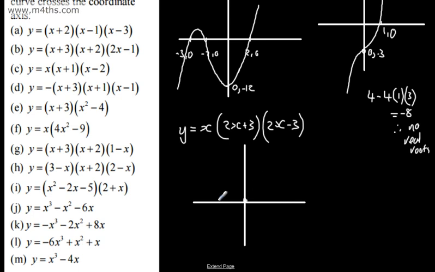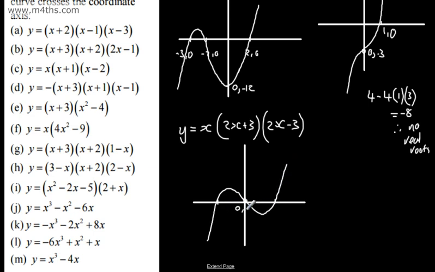So this one is very nice, and I want to say pretty. What's it going to go through? It's going to go through the origin, so we don't need to find the y-intercept, and then it'll come around like so, then back out like that.